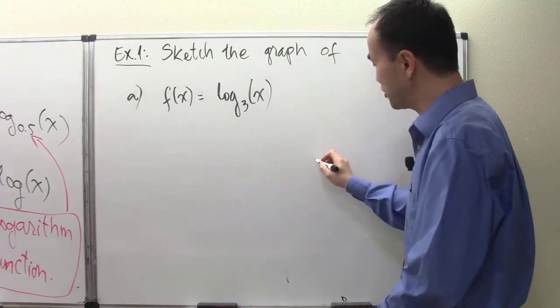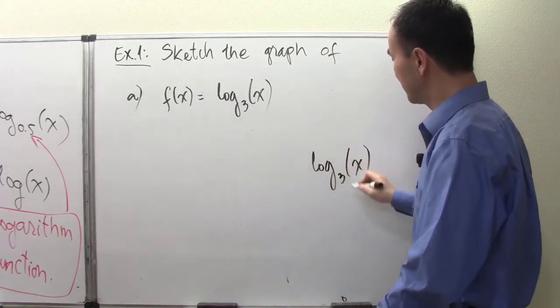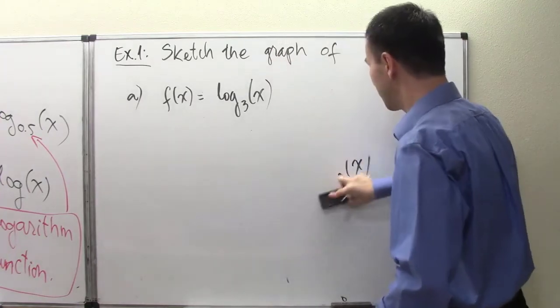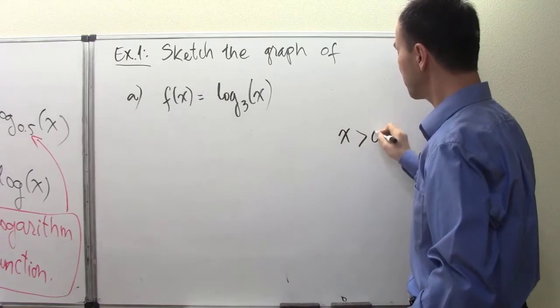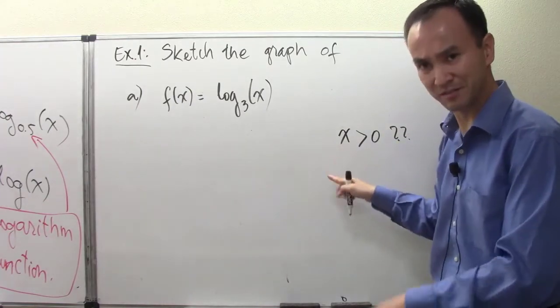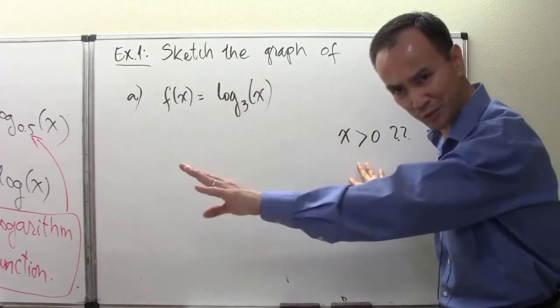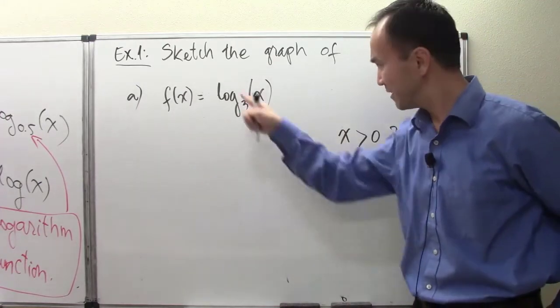Is it still true that for this function we should only take positive inputs? Because this was brought up when I was investigating log base 2. So let's see if it's the same for log base 3.